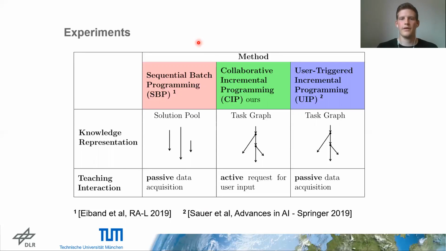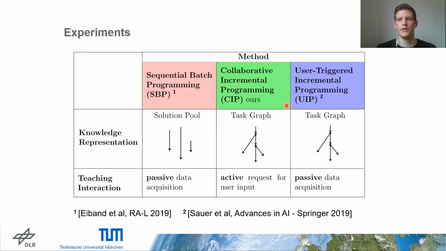We evaluated our method with the help of 3 different state-of-the-art programming by demonstration methods, and we evaluated different knowledge representations and different teaching modes. Especially, we wanted to evaluate the influence of an artificial agent on the training data acquisition. In our case, the artificial agent actively requests user input. In the first method, the user simply demonstrates different skills successively, which are then stored independently from each other in a solution pool.